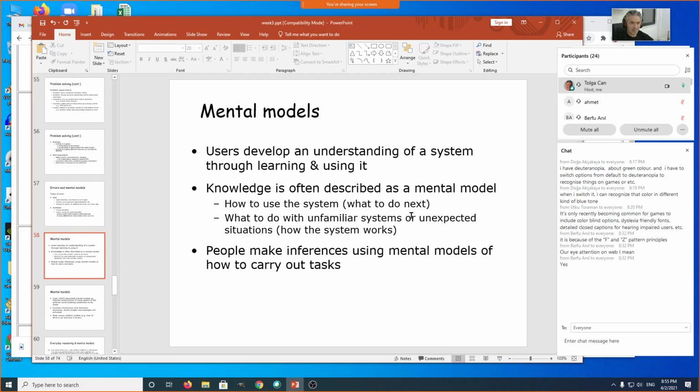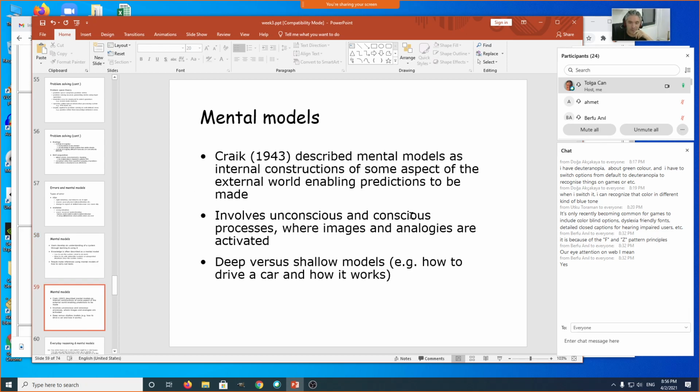We talked about mental models last week, right? I also gave this example of the thermostat control as a heater versus a valve mental model. The same example is here. People develop mental models when they use an interface. So this is a repetition of what we talked about last week, and some new examples are here.